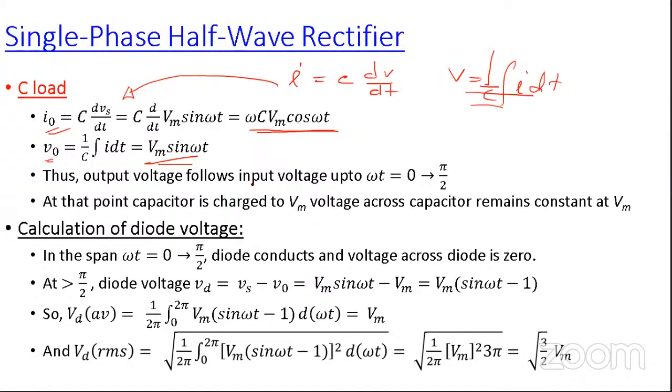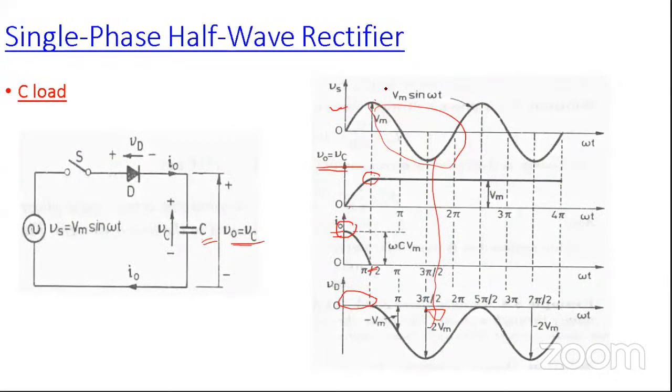So output voltage basically follows the input voltage up to omega t from 0 to pi by 2. At that point, the capacitor is charged to Vm. Voltage across the capacitor remains constant at Vm. So up to this, basically it follows the input voltage. After charging the capacitor to maximum voltage, it retains that value throughout the period.